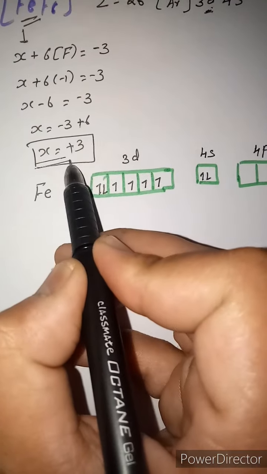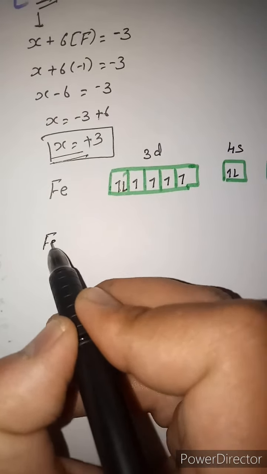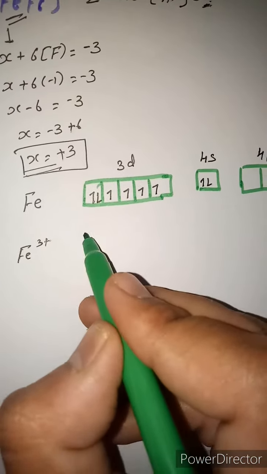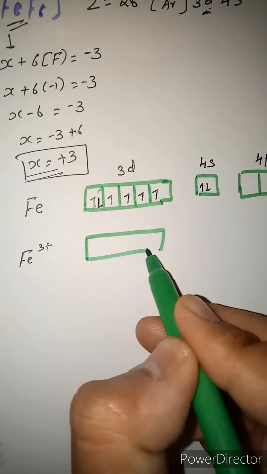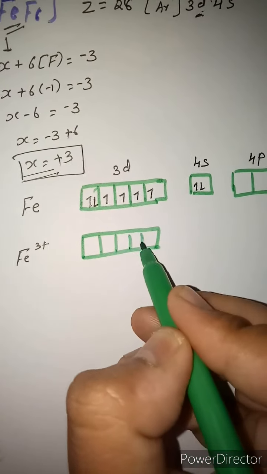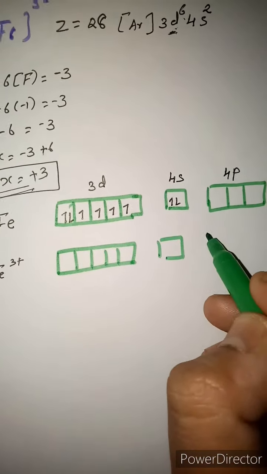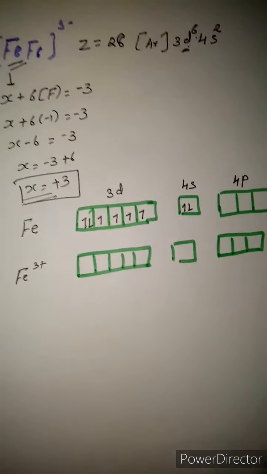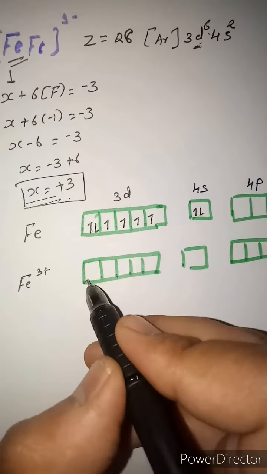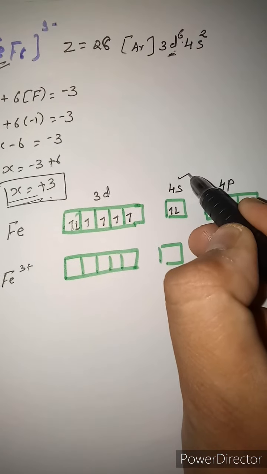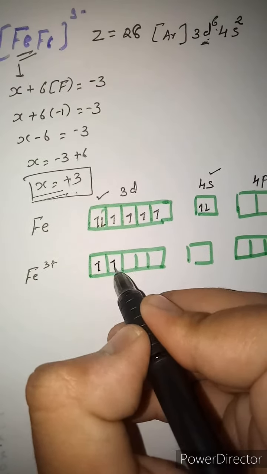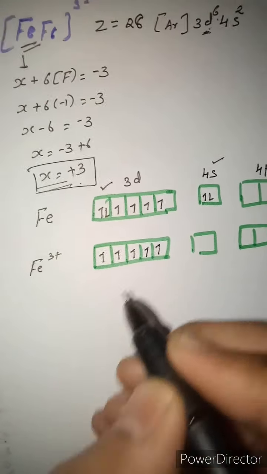As we know that Fe has a plus 3, so keep it as Fe3 plus. 1, 2, 3, 4. So we need to release 3 electrons: 2 electrons from here and 1 electron from this part. So it will remain 1, 2, 3, 4 and 5.